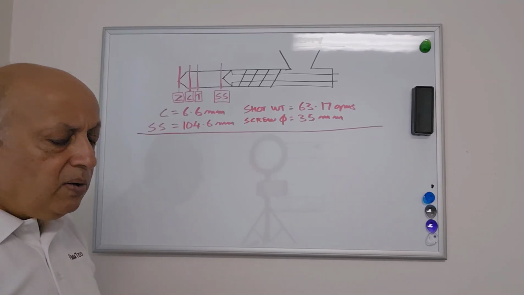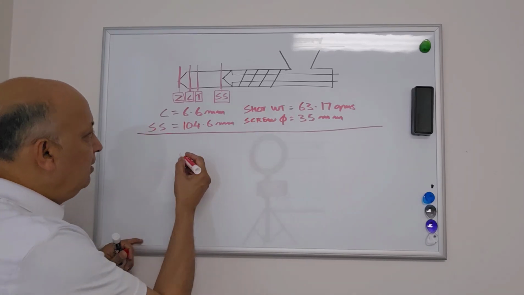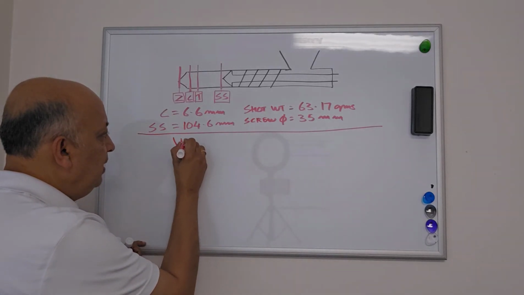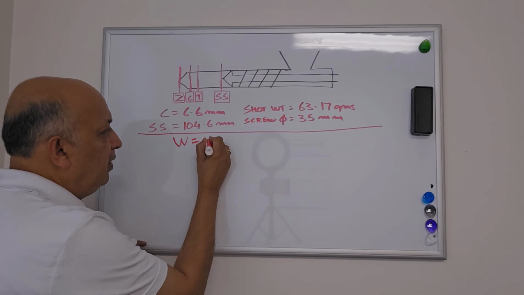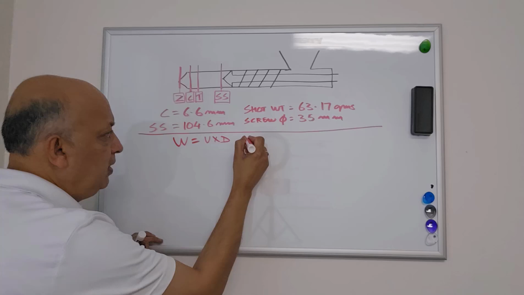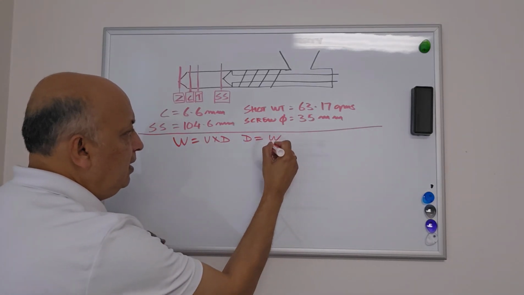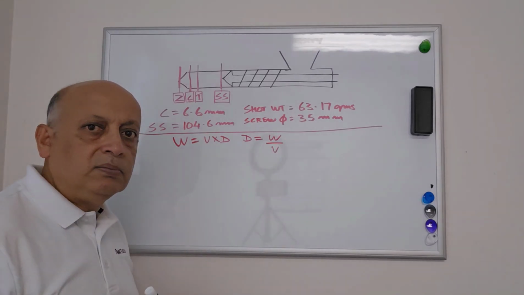So now what do we need to calculate? We want to calculate the melt density. The formula for weight is equal to volume times density, right? And therefore density is equal to the weight divided by the volume.